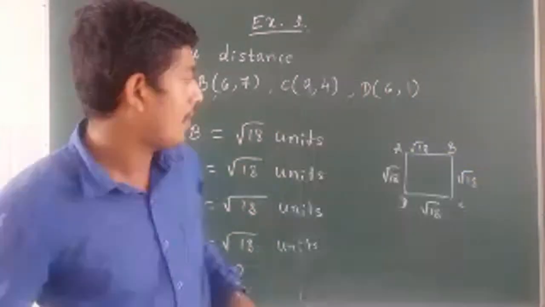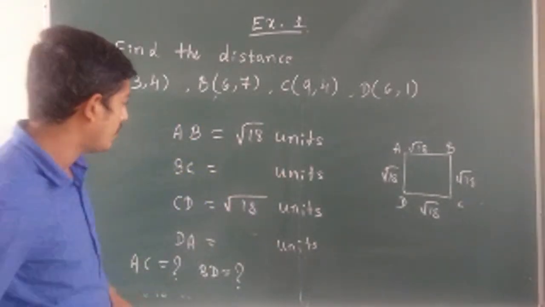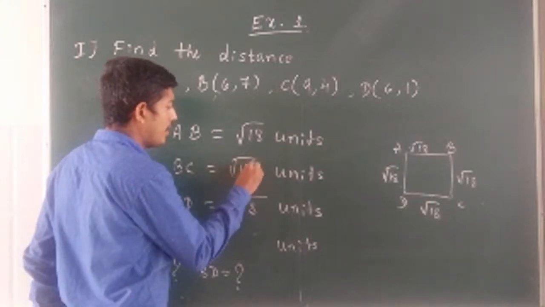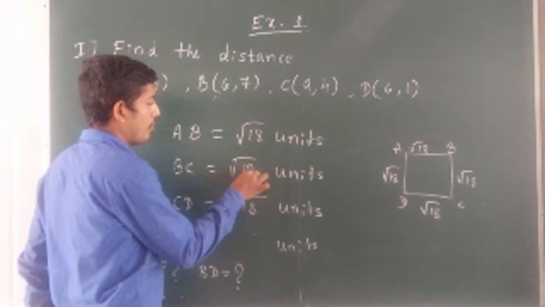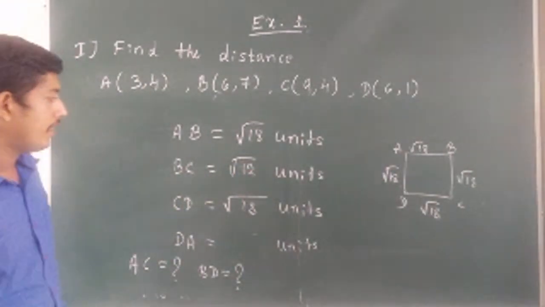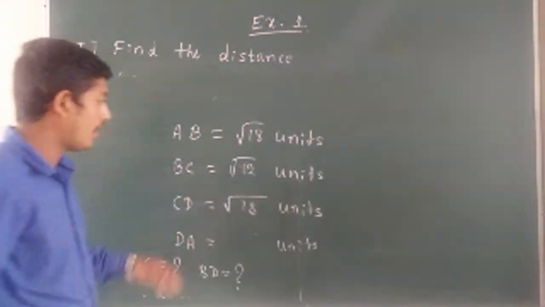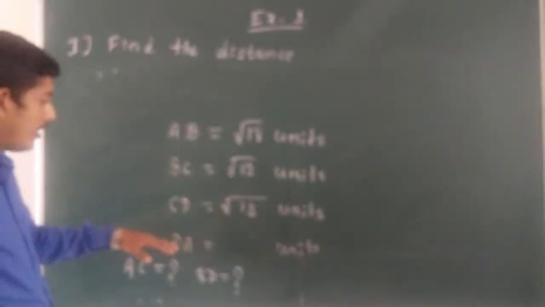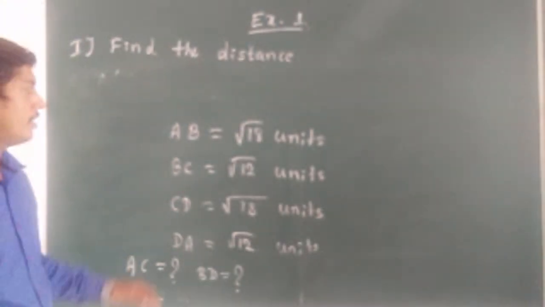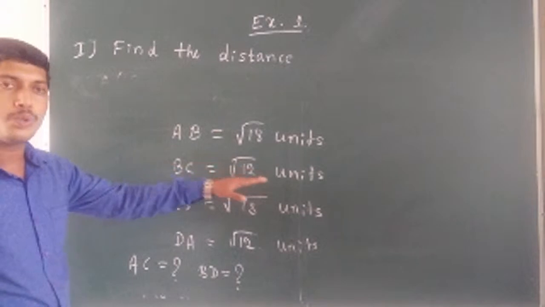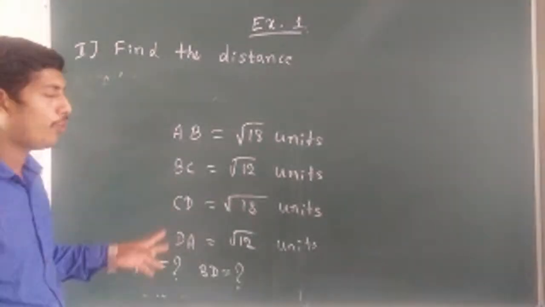For example, AB equals 18 units, BC equals 12 units, CD equals 18 units and DA equals 12 units. So these are the 4 values we want.